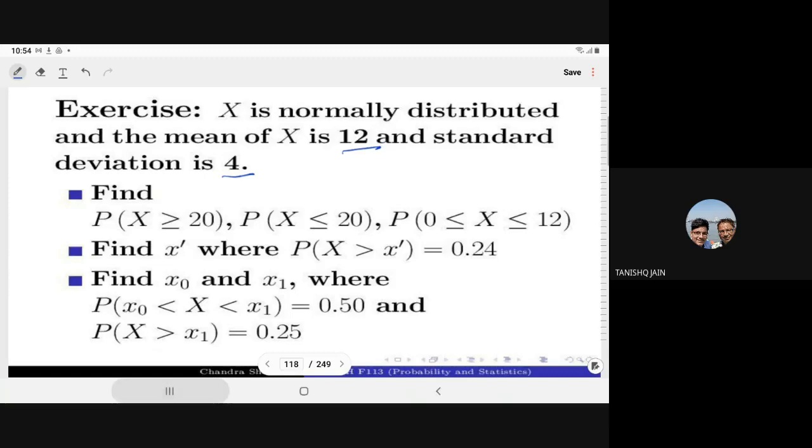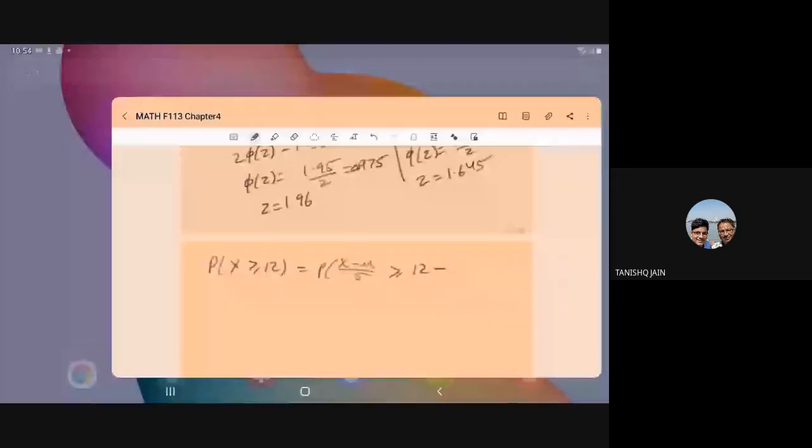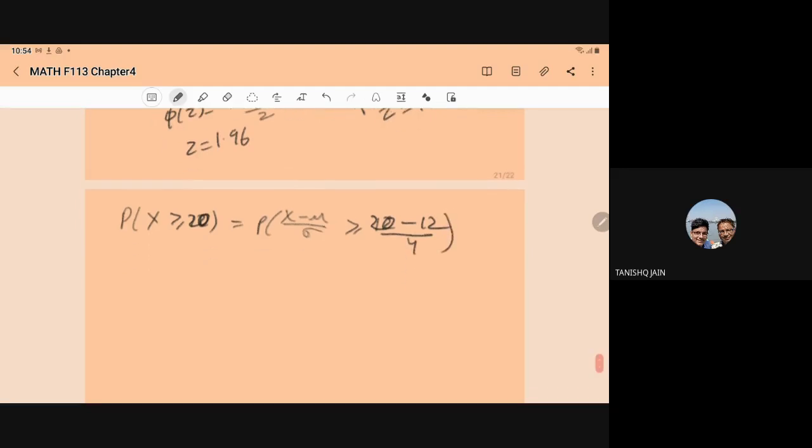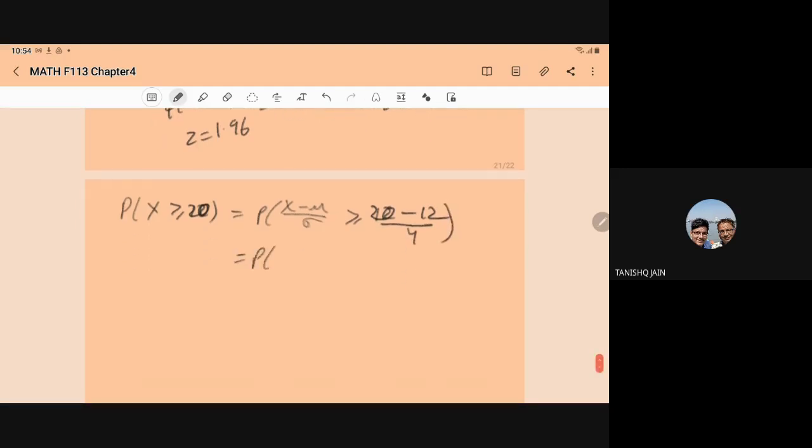So this can be written as probability Z greater than or equal to 20 minus 12, that is 8 upon 4, which is 2. So you have to check the value of Z greater than or equal to 2.